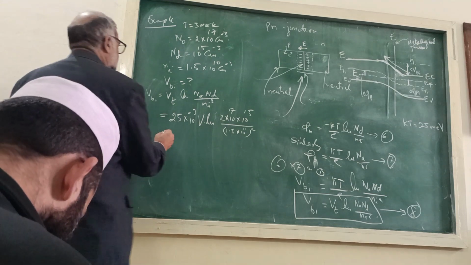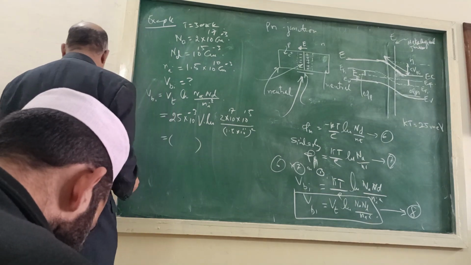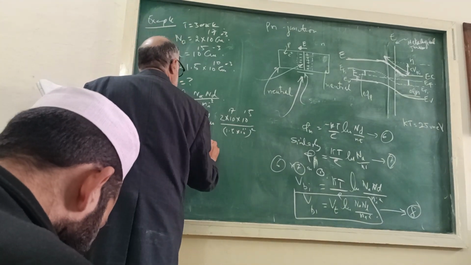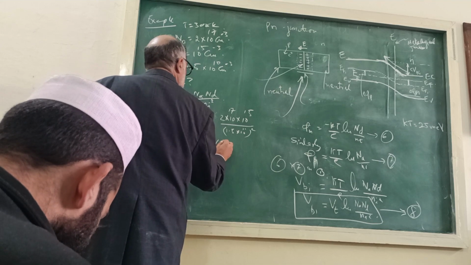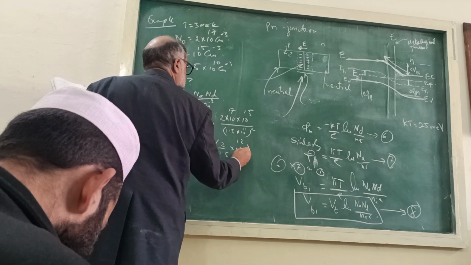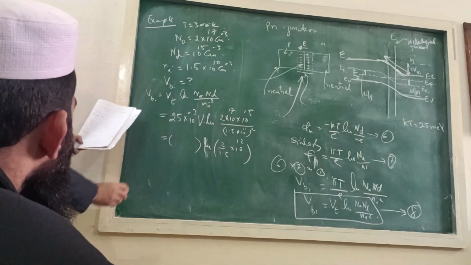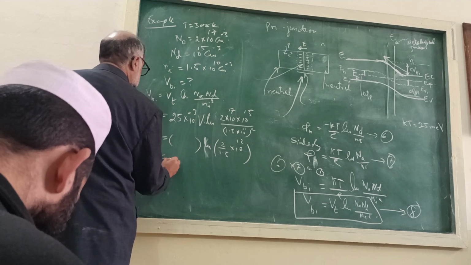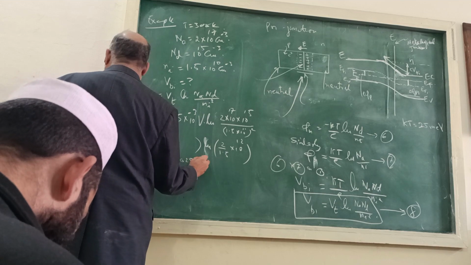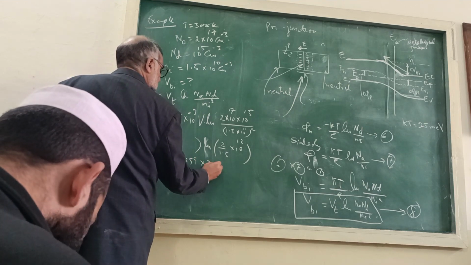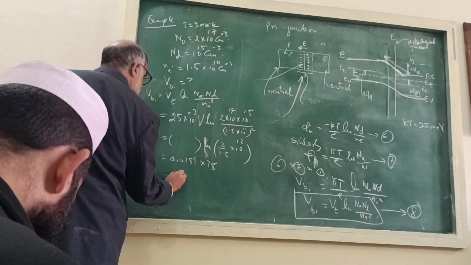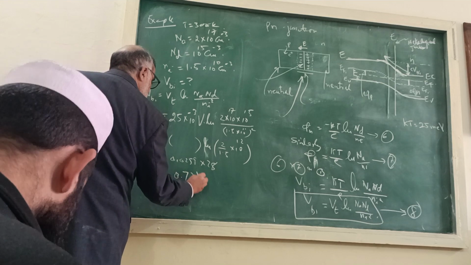That comes out to be this multiplied by this, and that will be log of 2 over 1.5 times 10 to the power 12. And that is equal to 0.0259 times 28, and that is equal to 0.72 volt.